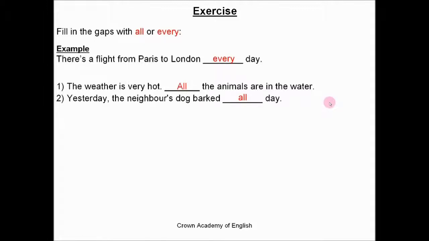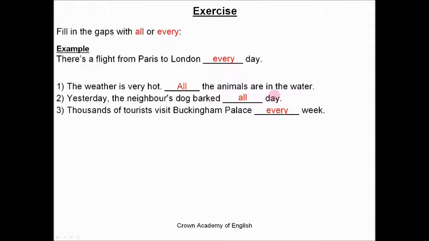Question 3. Thousands of tourists visit Buckingham Palace every week. Now this time we're talking about something that happens regularly. So we use the word every. Question 4.